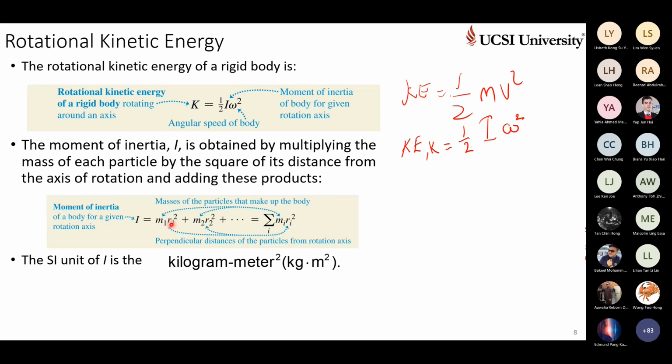If it is closer, inertia will be less. Now combine these two. For the same mass, if you suddenly change the distance, what will happen to the inertia? I repeat, for the same mass, if you change the distance, what will happen to inertia?